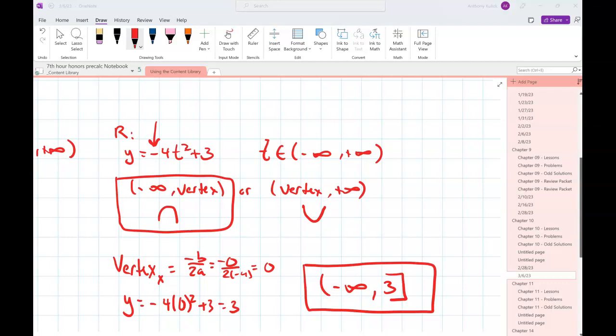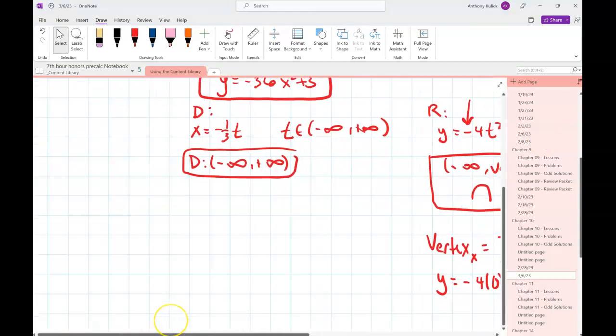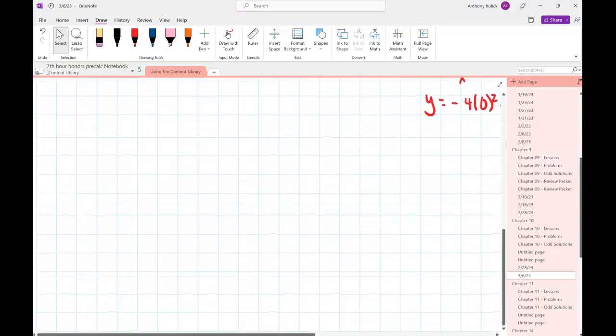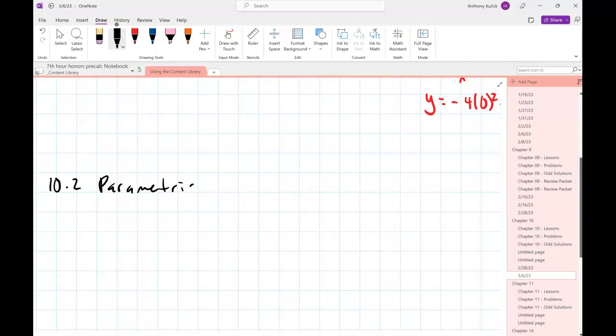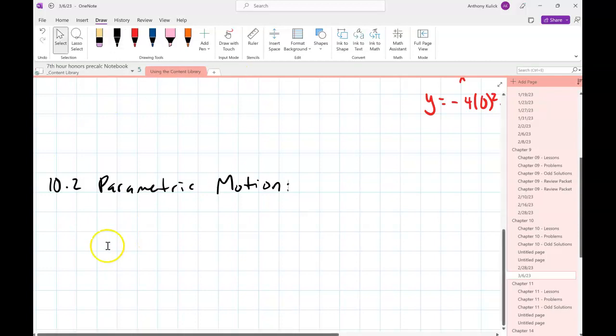Today, we're going to be looking at section 10.2 and talking about parametric motion. Any of you in physics in here? This should look familiar then.